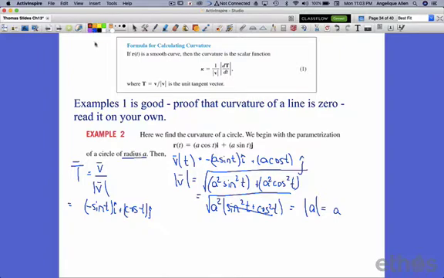Let me do that in a different color. So kappa, or curvature, equals 1 over the length of v, which we determined to be a, times dT/dt. So we have to take the derivative here with respect to t. So the derivative of negative sine t is negative cosine t.